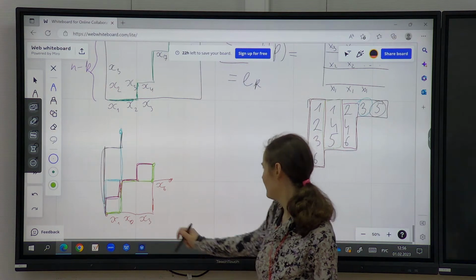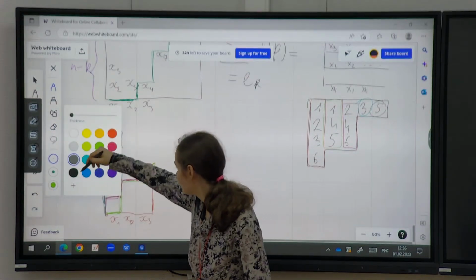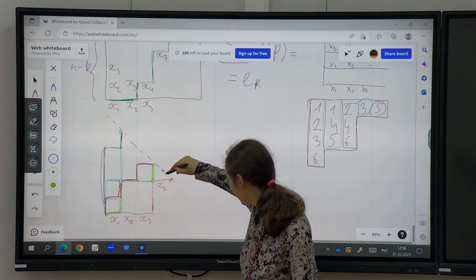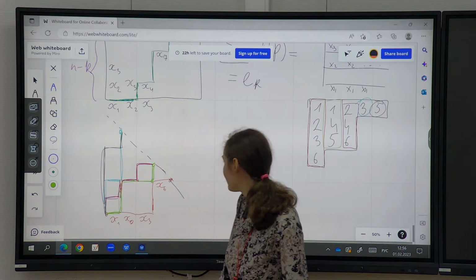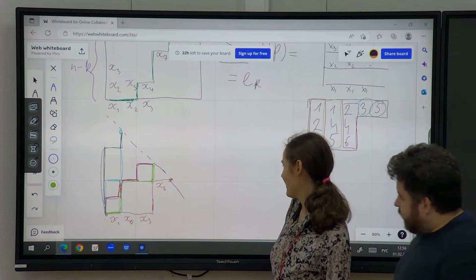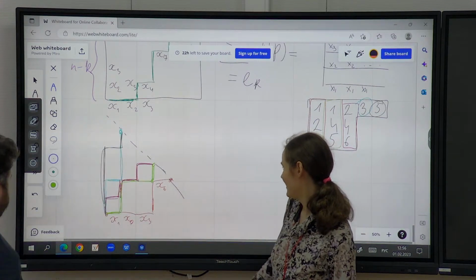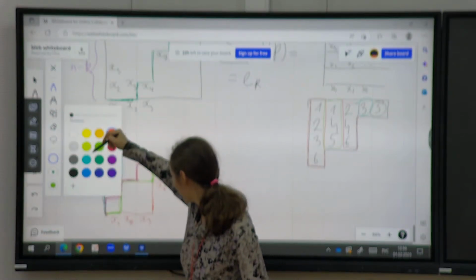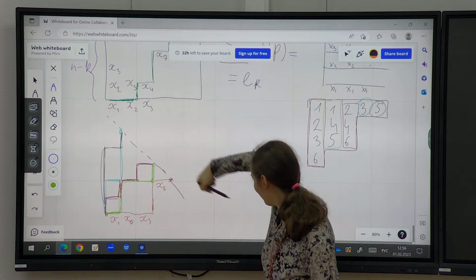Okay, so all the paths end at the diagonal and start at the origin, right? So I want to make them non-intersecting now. To make them non-intersecting, we just move them along this diagonal.